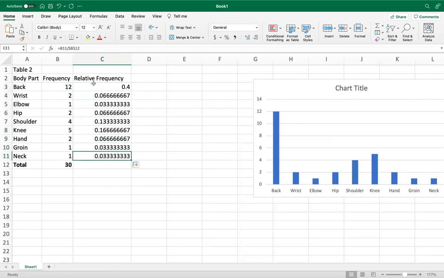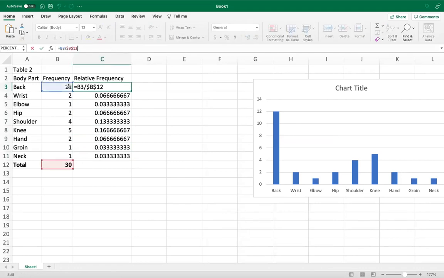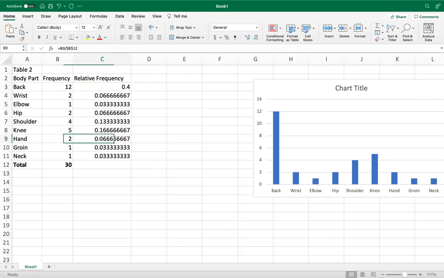So one more time, we're dividing this value here by this number here, the total. And again, we're doing the same thing there. This value here divided by the total. This value here divided by the total. So we froze this one to stay where it was, and we did that over here.